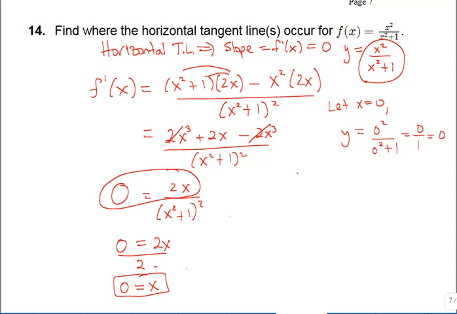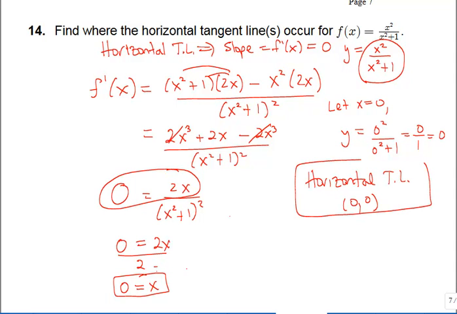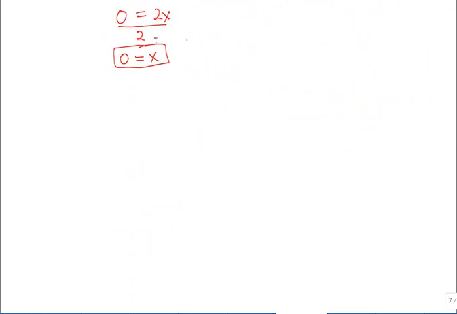So the point at which I have a horizontal tangent line is just at (0, 0), or in other words, the origin. Okay? So if you ever want to know where horizontal tangent lines occur, take a derivative, set that derivative equal to 0 and solve for x, and then find the corresponding y.